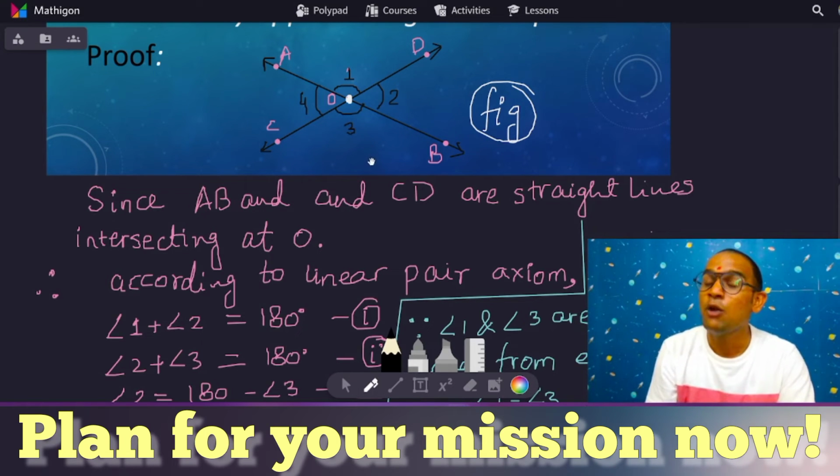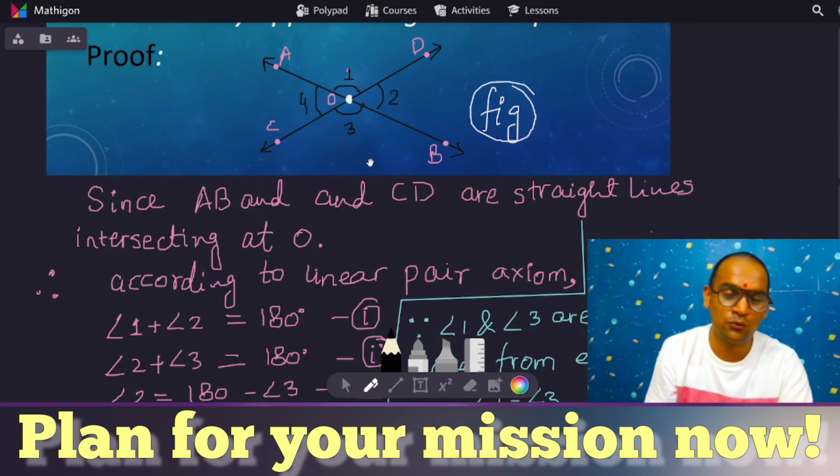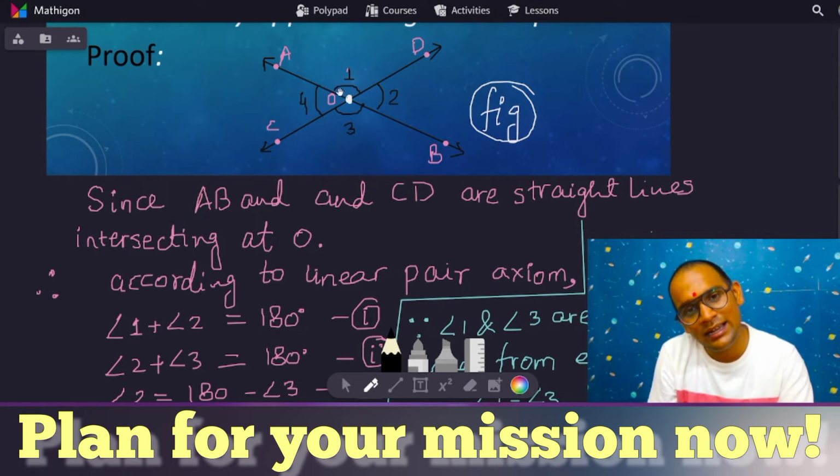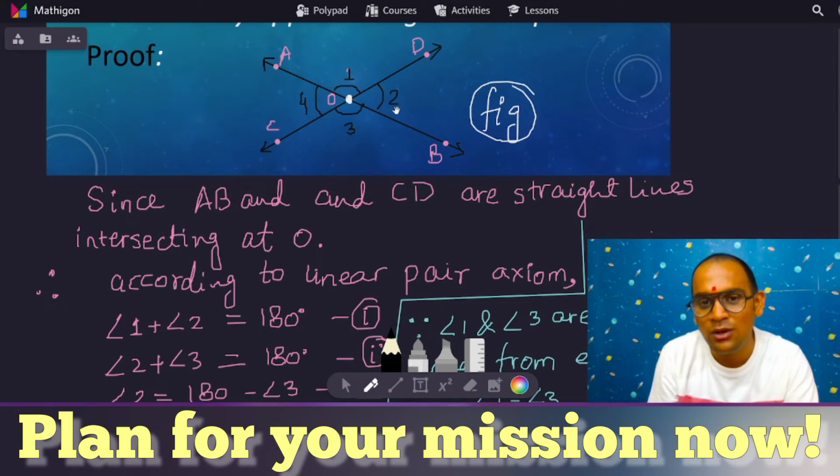As I told, we will be trying to use the axiom we have discussed, right? So as you can see over here, AB is a straight line and OD acts as a ray. So angle 1 and 2 are forming a linear pair. Similarly, CD is a line, OB is a ray, and angle 2 and angle 3 are forming a linear pair.